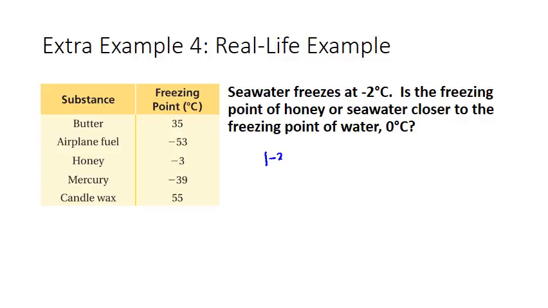So we'd say absolute value of -3 is equal to 3. And we would say, okay, absolute value of -2 for seawater is equal to 2, and 2 is closer to 0 than 3 is, so we can say that seawater has a freezing point closer to normal water than honey.